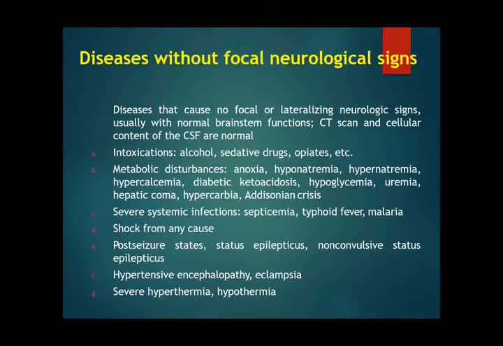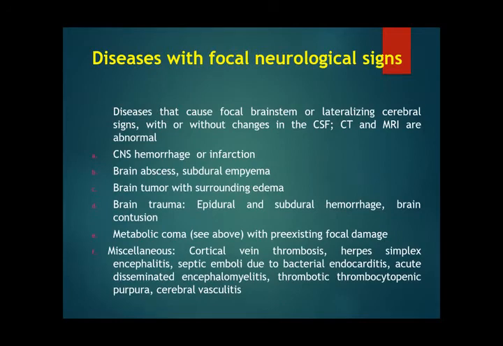They may have pre-existent focal damage, for example, a patient has come with hypoglycemia, but he had a stroke in the past. So he may have residual old focal signs, but the current problem is hypoglycemia. That's why the patient is in coma. So this explains the focal signs. Even a hypoglycemic patient per se can sometimes have focal signs without a stroke, old stroke, or new stroke. Miscellaneous causes are cerebral venous sinus thrombosis, herpes encephalitis, and sometimes septic emboli due to endocarditis and cerebral vasculitis. These are some of the causes.